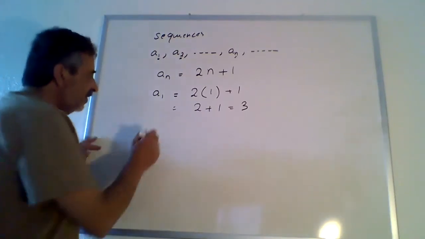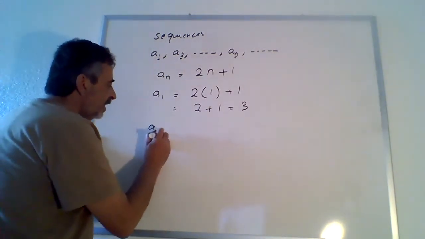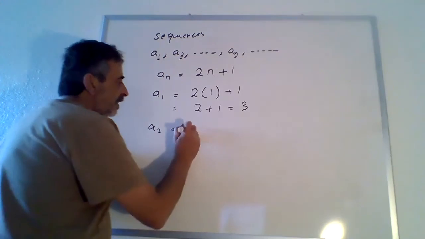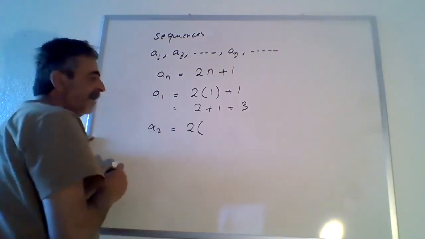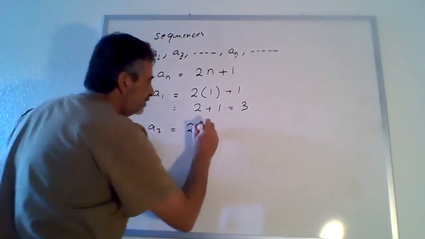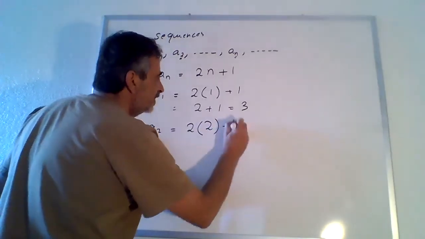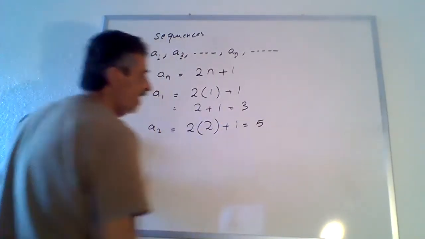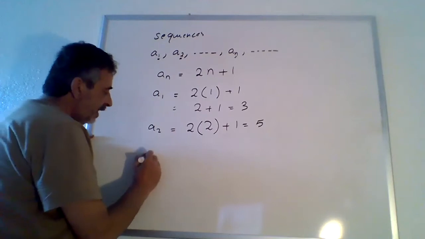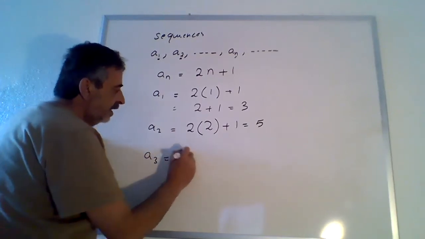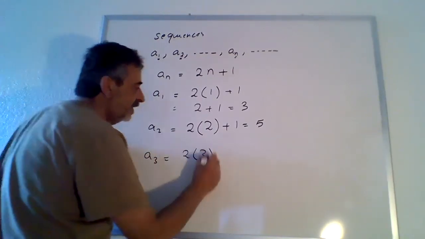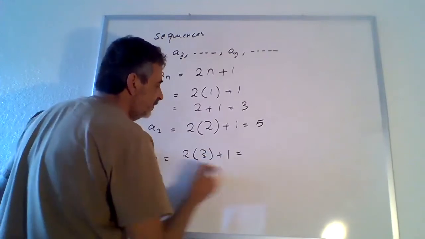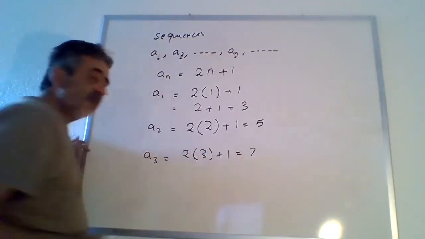The second term, A2, we replace n by 2, so it'll be 2 times 2 plus 1, which is equal to 5. And then A3, again, 2 times 3 plus 1, which is equal to 7, and so on.